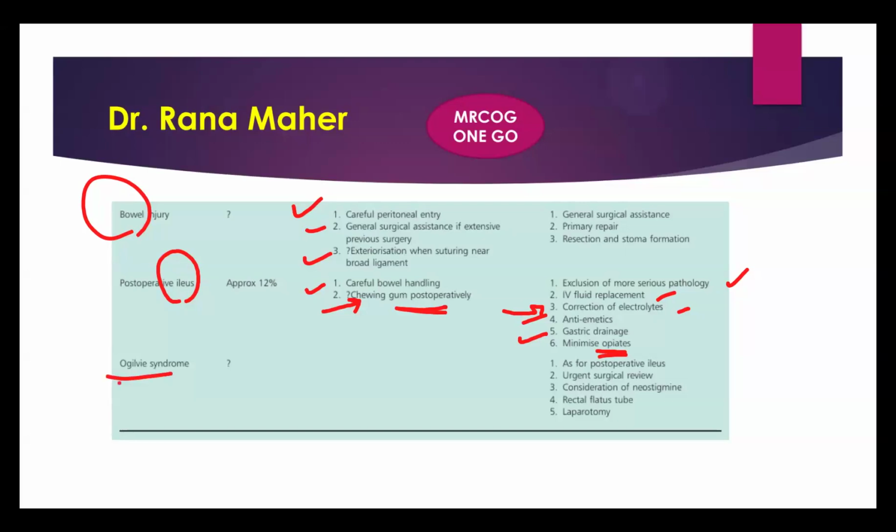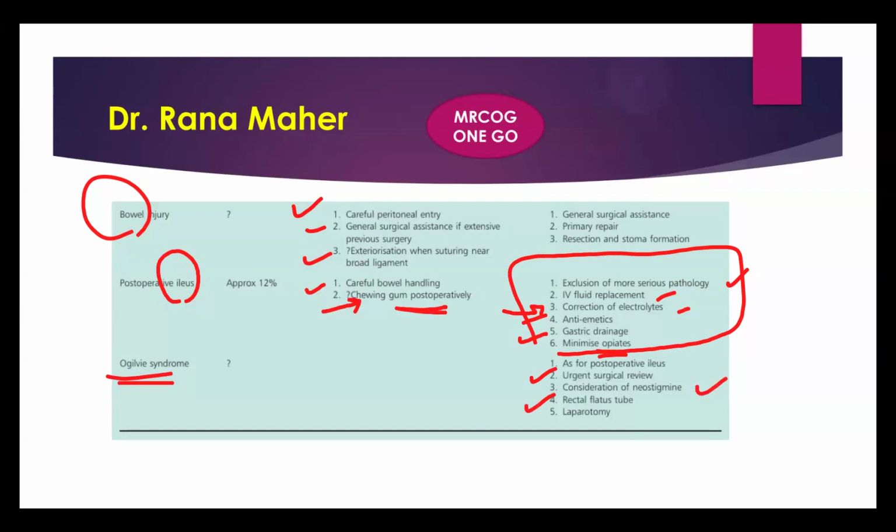If it's Ogilvy syndrome, how to manage? It's exactly the same as ileus plus we need urgent surgical review. So in the management, you will tell the examiner, I will do all the steps like ileus plus urgent surgical review. And consideration, think about neostigmine.